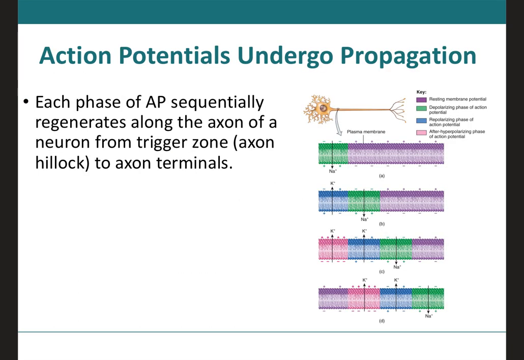First, just to review a little bit what an action potential is, here we have this area right over here, which is called the axon hillock or also the trigger zone. So remember, this is the point of no return. Think of this as your postsynaptic neuron, for example.